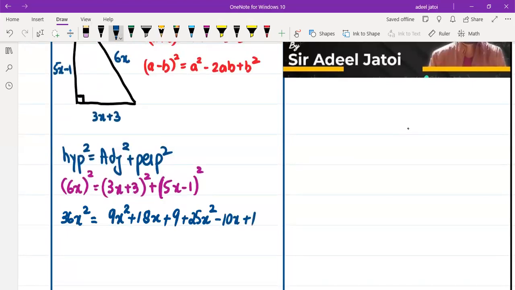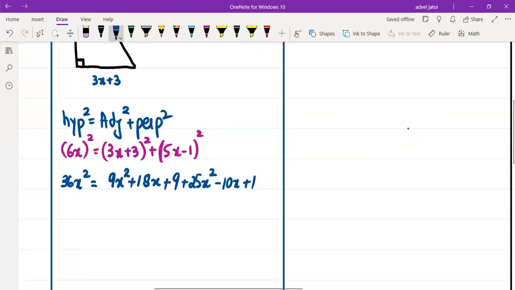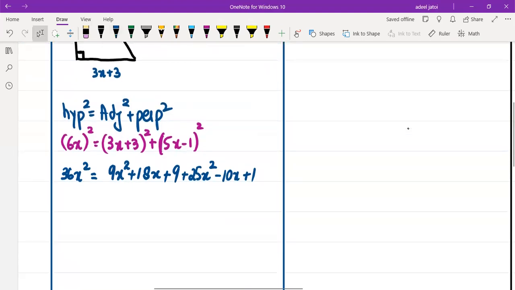Now, since we have opened this entirely, we have 36x square, and let's have negative 25x square and negative 9x square, because 9x square is positive and 25x square is positive, so both go to the other side and become negative.